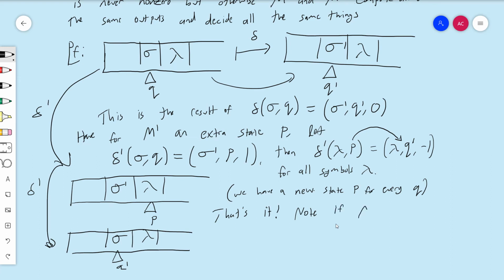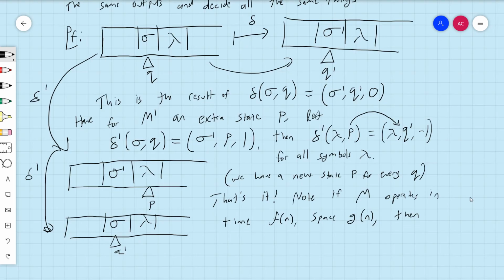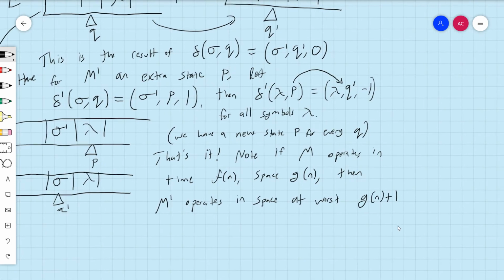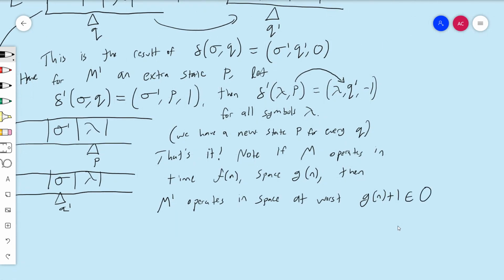Note if M operates in time f of n and space g of n, then let's think about the operating time and space for our new machine M prime. Then M prime operates in space at worst g of n plus 1. But as we know, these don't matter, right? G of n plus 1 is still an element of O of g of n. And really, it's the O of g of n that we care about, not g of n itself. So the plus 1 makes no significant difference.